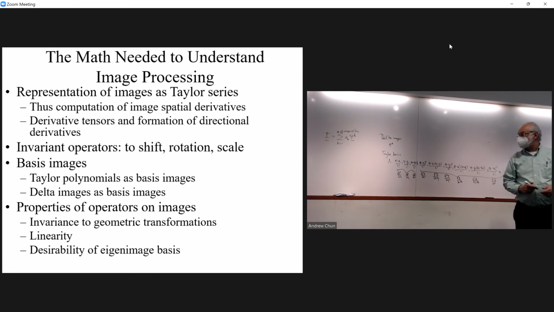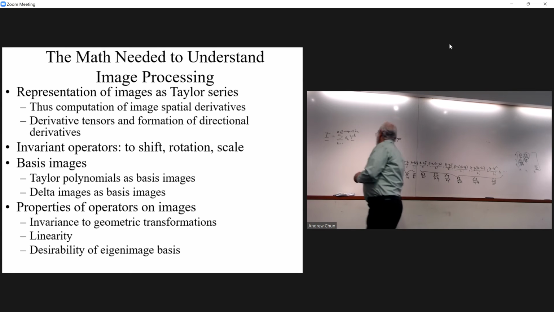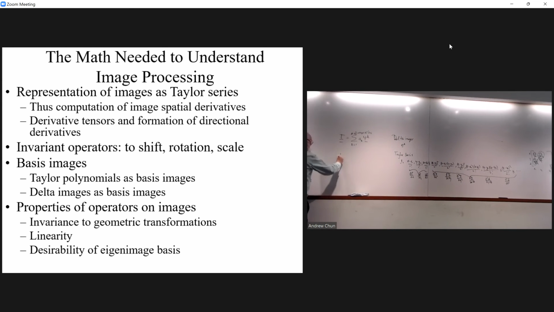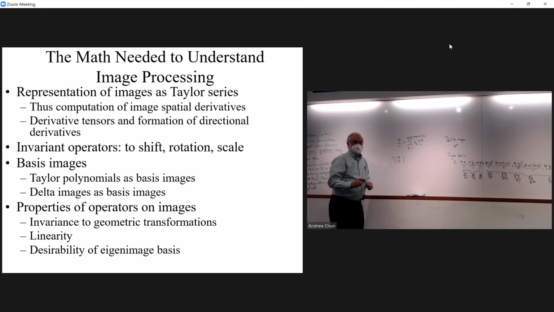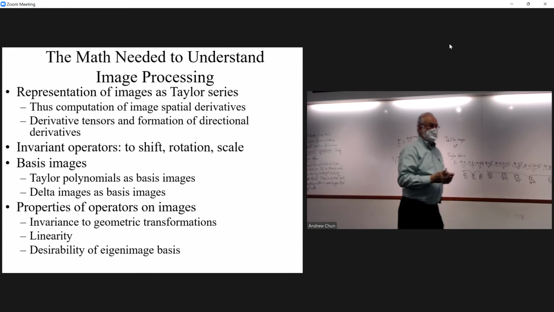We then started to talk about how, instead of having just an image, we were going to have operators on images. And we've used lots of different operators on images.